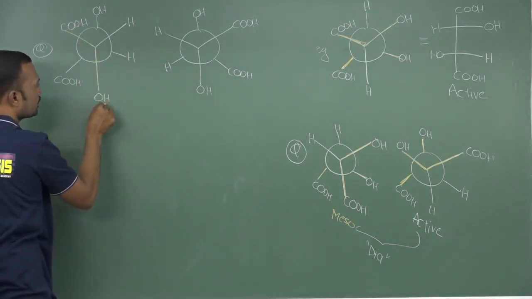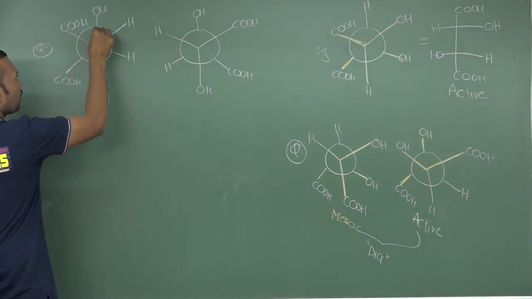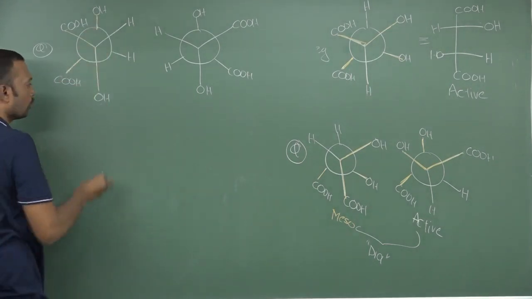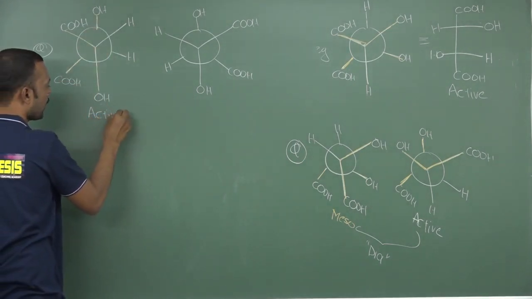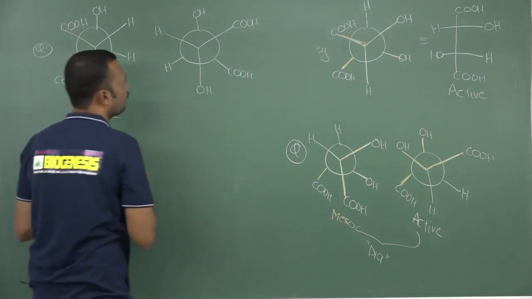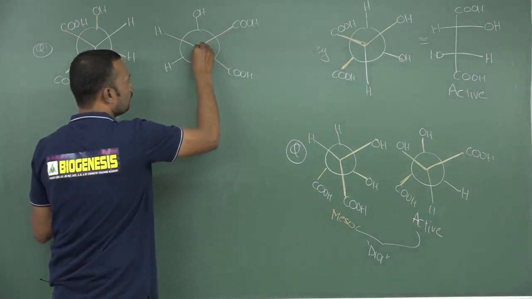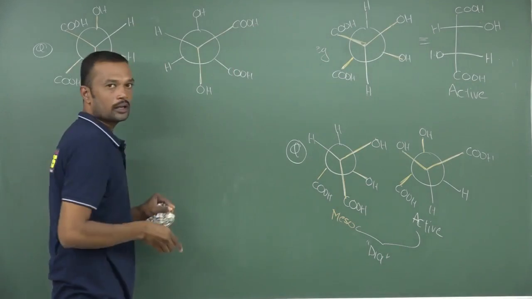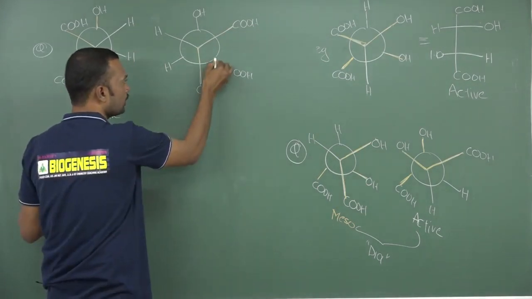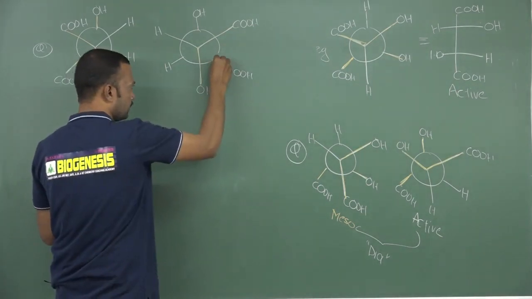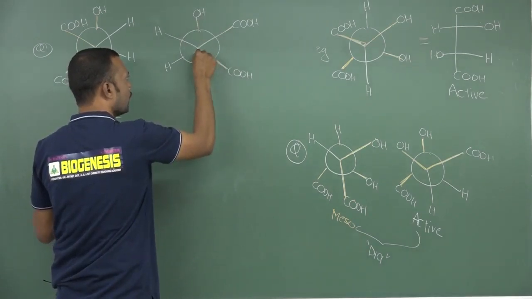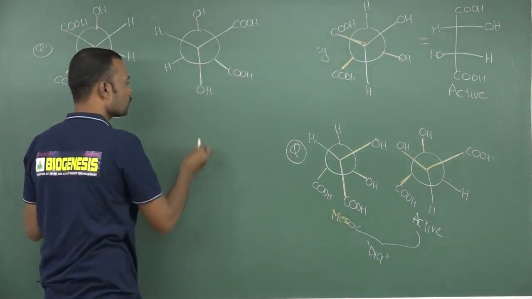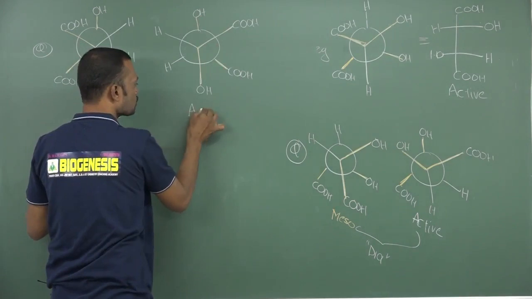Front carbon OH right side, rear carbon OH left side. Okay, so this is definitely an active stereoisomer. And on this one, carboxylic acid exactly leg and this becomes left side. Here carboxylic acid exactly leg, here it is right side. Here left right. So here it is left and this is right, it is also active.